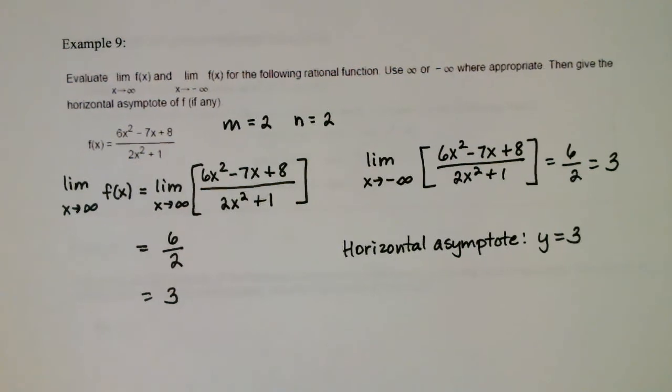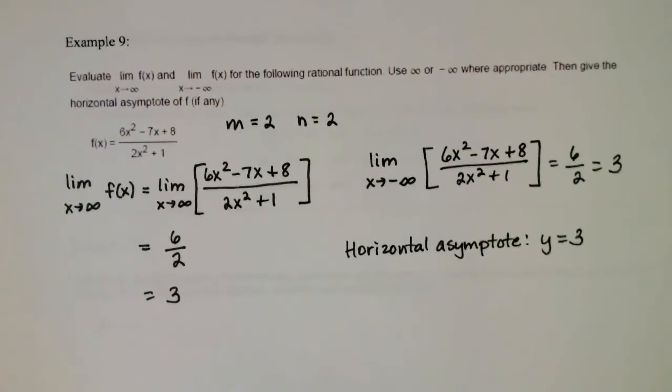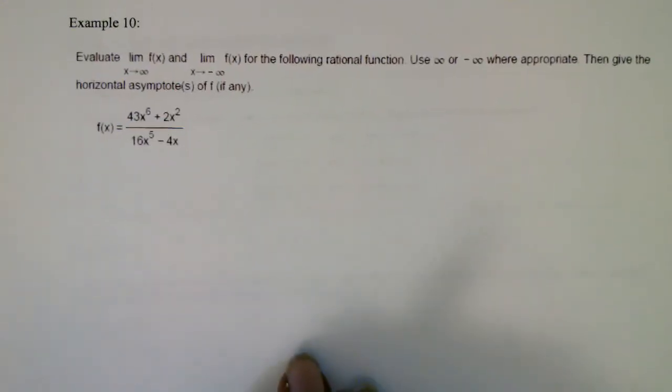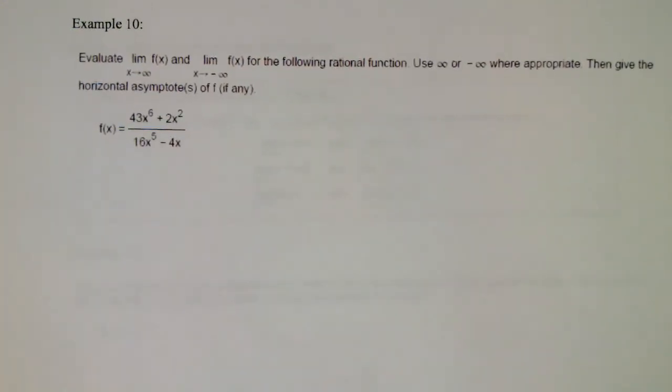All right, now let's say in this example number 10, I had a function like this. I want to evaluate the limit as x approaches infinity of f of x and the limit as x approaches negative infinity of f of x for the following rational function.